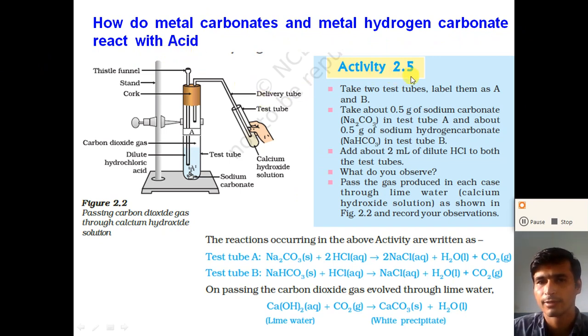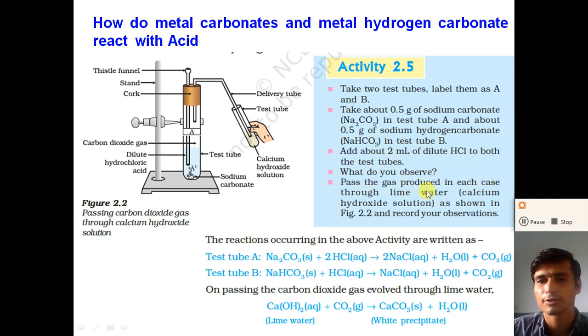Activity 2.5: take two test tubes and label them A and B. Take about 0.5 gram of sodium carbonate, the chemical formula of which is Na2CO3, in test tube A, and sodium hydrogen carbonate, NaHCO3, in test tube B. Now add 2 ml of dilute HCl to both test tubes, and what do you observe?